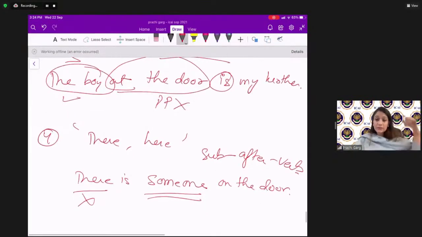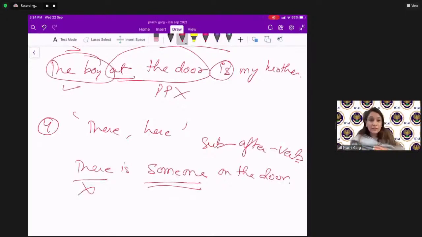We are talking about if there is someone at the door, right? Great guys, whosoever is responding, I am very, very glad. So there is someone on the door. Now, someone is the subject here, not there. In terms of there and here, the subject comes after the verb. There is someone at the door. So someone, we're talking about one person, we use is here. This is the subject, this is the verb.